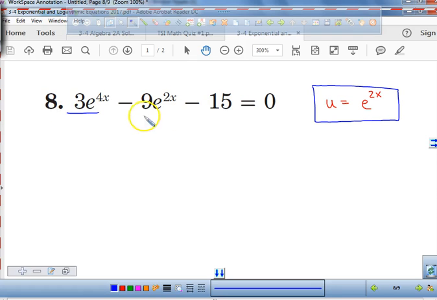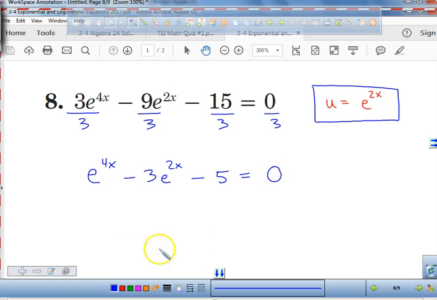So just to make things easier, the very first thing that I would do with this problem, just to make things look simpler, divide everything by 3. Now you have e to the 4x minus 3e to the power of 2x minus 5 equals 0.